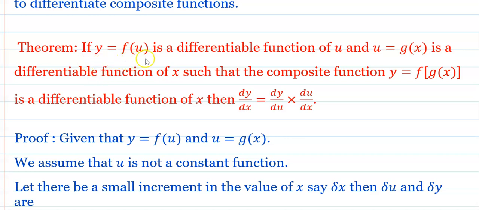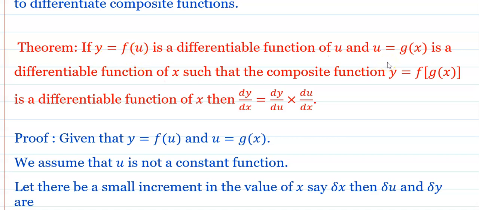If y is equal to f of u is a differentiable function of u and u is equal to g of x is a differentiable function of x, such that the composite function y is equal to f of g of x. Here y contains u, and u contains g.